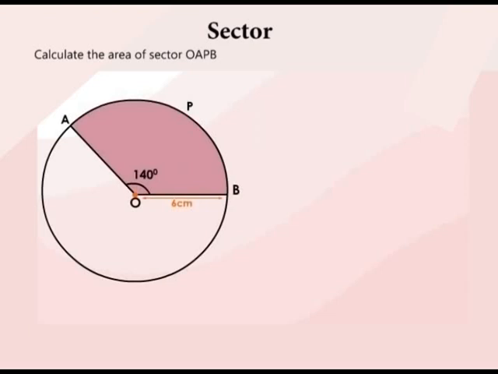Area is equal to theta over 360 times pi r squared. That is equal to 140 over 360 times 22 over 7 times 6 times 6. And so we remain with 22 times 2, which is equal to 44 square centimeters.